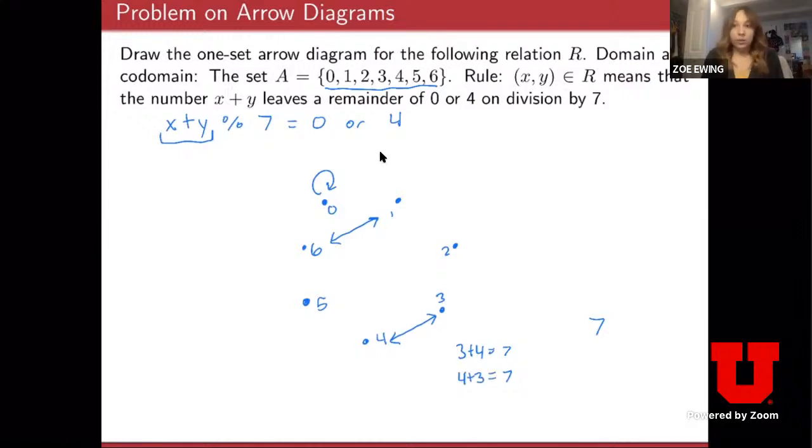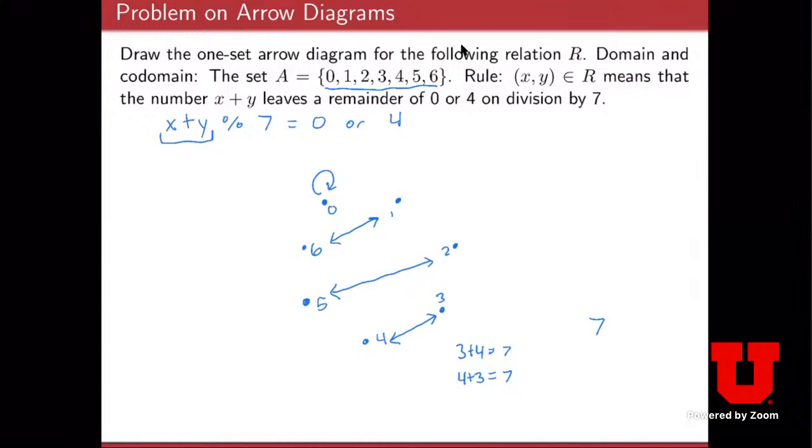All right, what else? 5 and 2, and that one can go both ways as well. I believe that's all the ones that will add up to 7, but remember we've also got an option of remainder 4. So what other relations can we do?